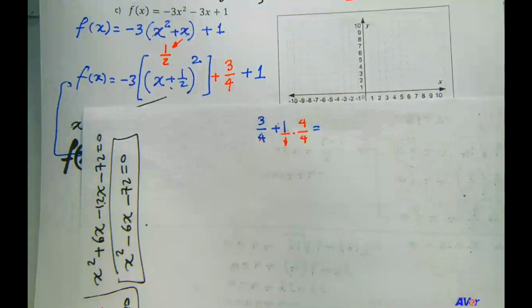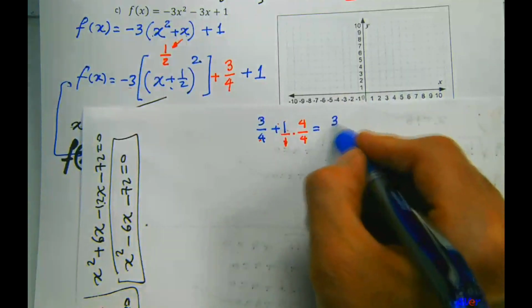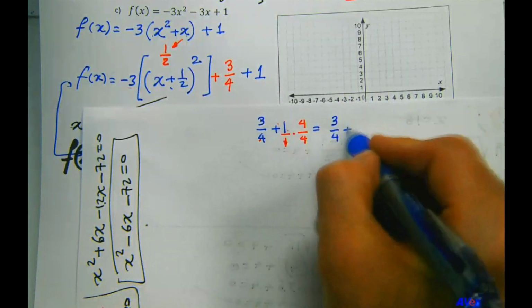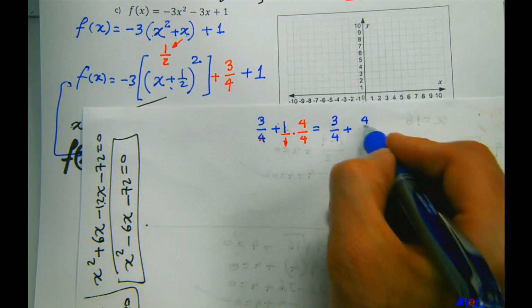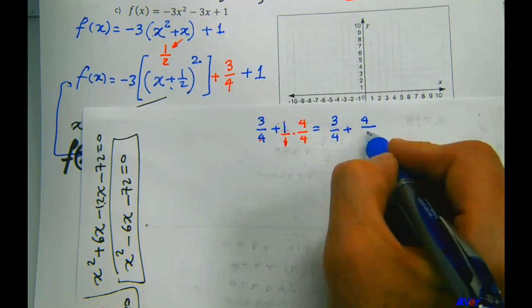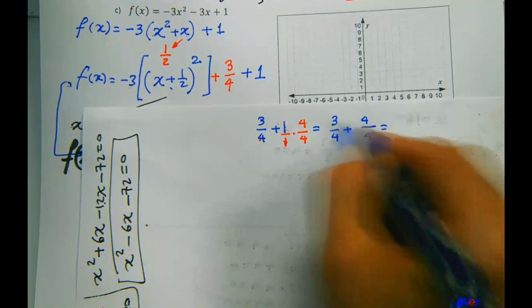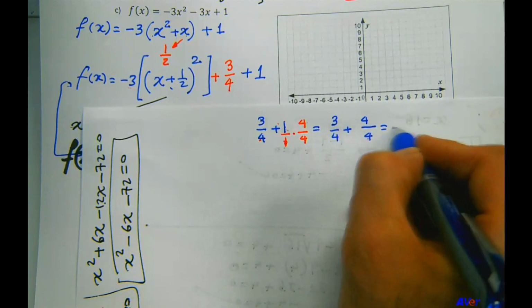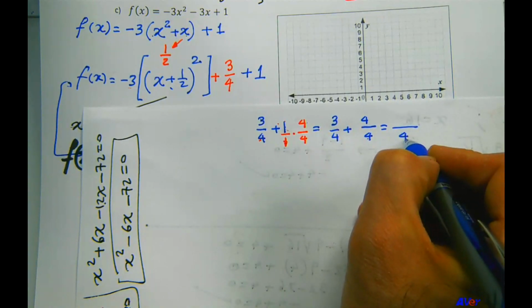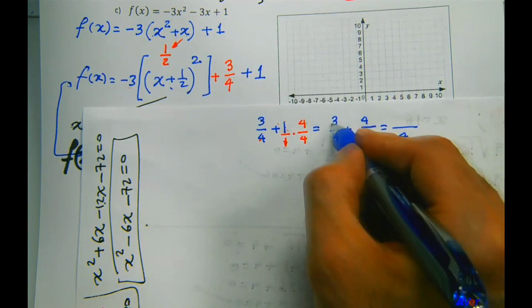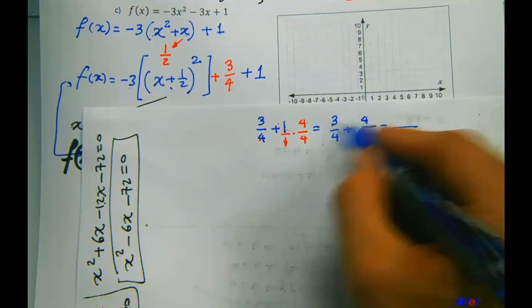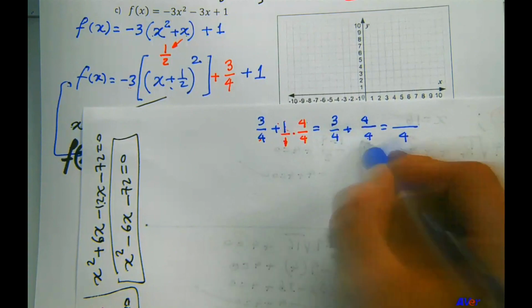Okay? So what do we end up with? We end up with 3/4 plus 1 times 4 is 4, divided by 4. Right? So the denominators are common. We keep it as the common denominator. Now we can add 3 plus 4. We can add the numerators because the denominators are common.